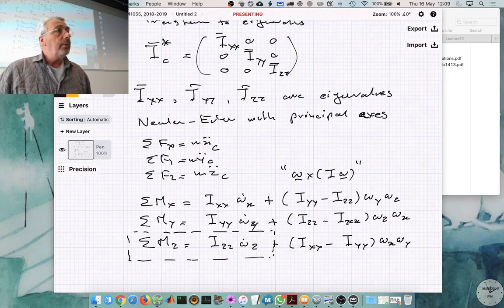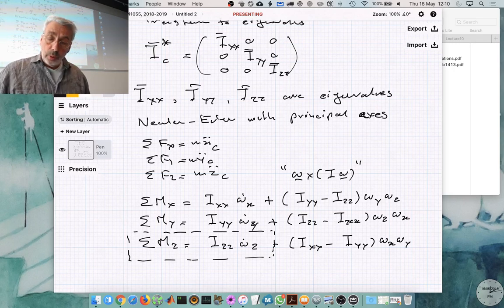So apparently, when we only have a rotation about one axis, either the z or the y or the x, right? Because then the other angular speeds are 0, and then these two go away. But they can also go away for special bodies. So, for instance, in the first equation, when does this always go away? Well, when this is 0. When the mass moment of inertia about the y-axis is identical to that about the z-axis.